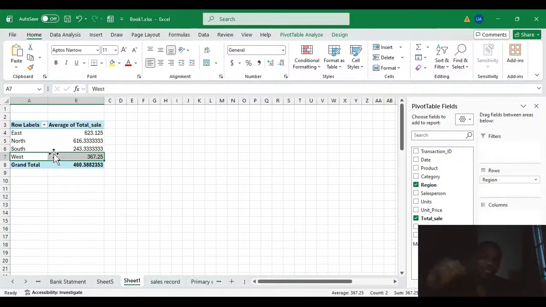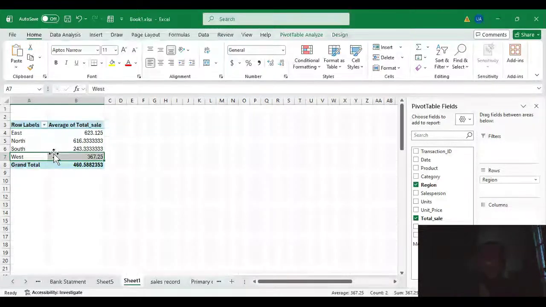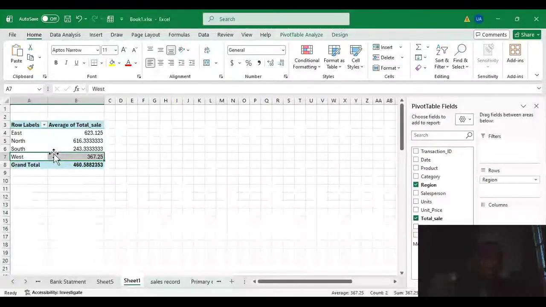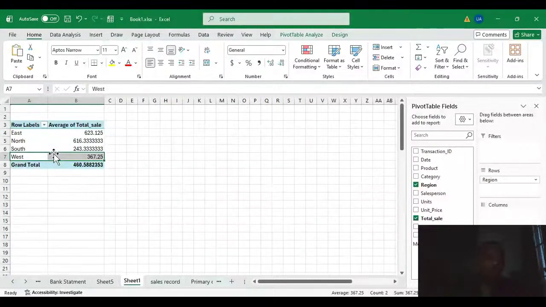So it could be a little bit bigger, or a little bit lower, but it will be around that amount. For example, from here, we can say that more people bought products that are around 623 in the East region. That means more people bought products of around $623.